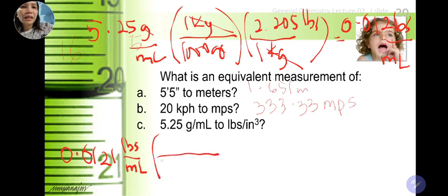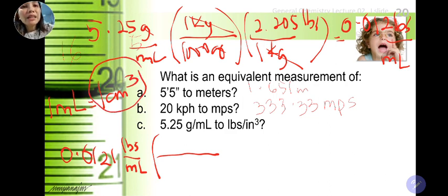Yung 1 ml natin is inches. ML to inches. Bakit inches yun? Okay, first, meron kasi tayo sa chemistry 1 ml is equal to 1 centimeter cube for volume.